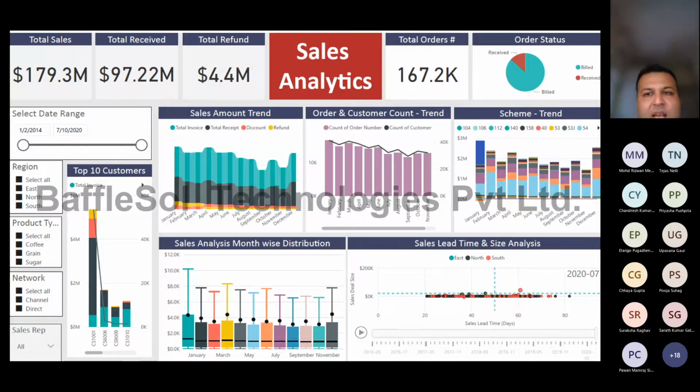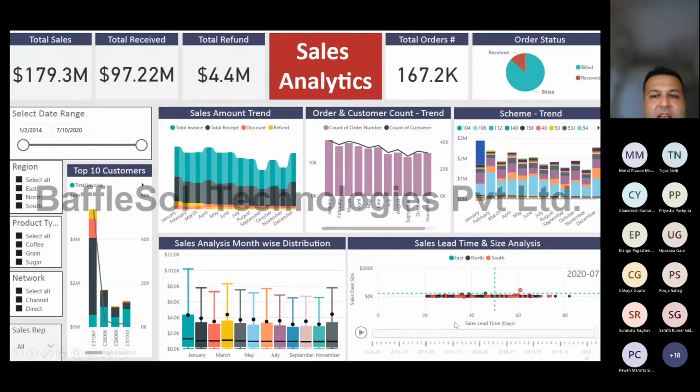It adds a risk on your business where you are too dependent on a few customers rather than more customers. Then on the right hand side, you can see how schemes which have been introduced or made available to customers are performing over the period of time, month-wise. And then another interesting chart is the sales lead time and size analysis.